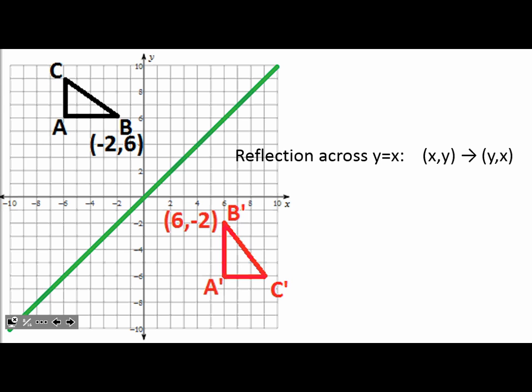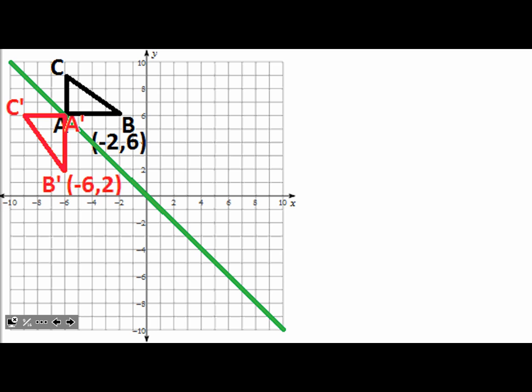The other special rule is the line y equals negative x. You guys see my mirror line there? You guys can count the spaces if you wish. They're the same distance. But the rule for this one, reflection across y equals negative x, xy becomes, once again, copy this and help me finish it. Xy becomes what?